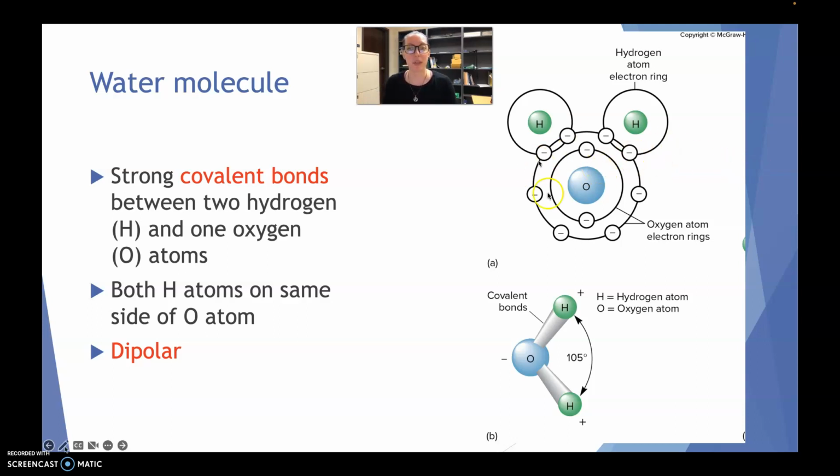So this is looking at the electron rings here. It gets some Mickey Mouse vibes on the right hand side, right? The two hydrogen atoms are on the same side of the oxygen atom, and this makes the molecule dipolar, which is an important difference from, say, carbon dioxide, which is actually a straight line of atoms, whereas water is polarized, or dipolar.